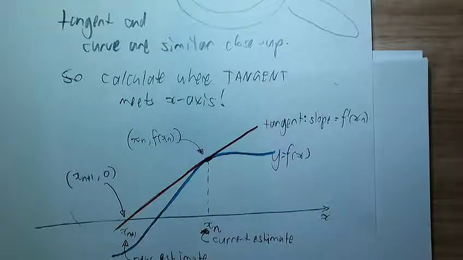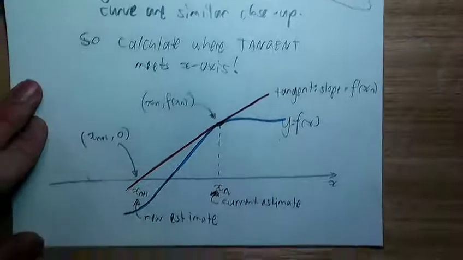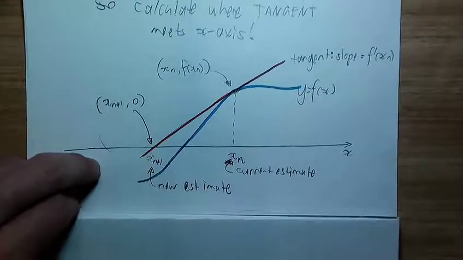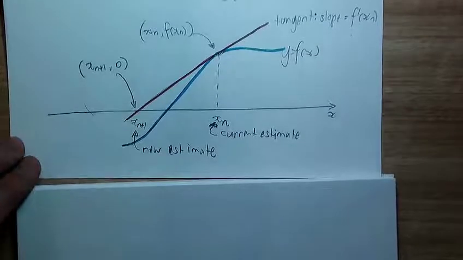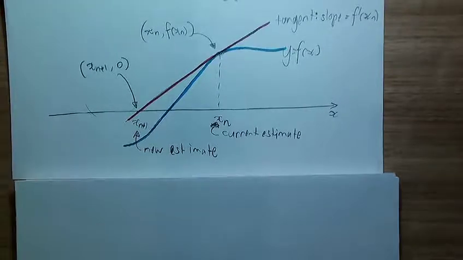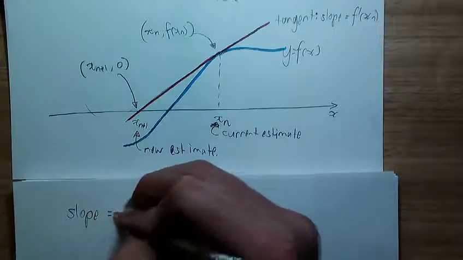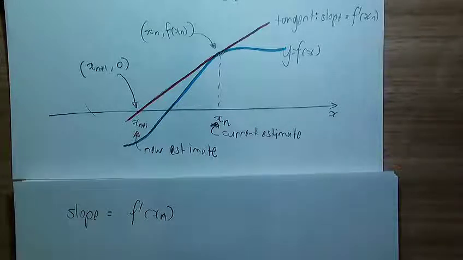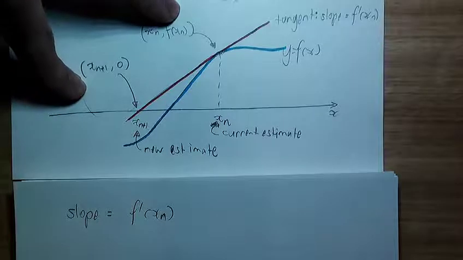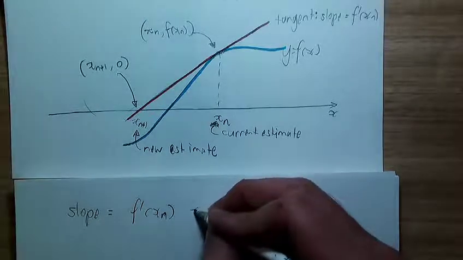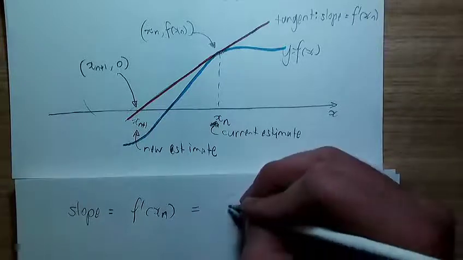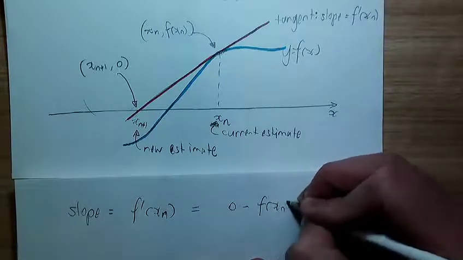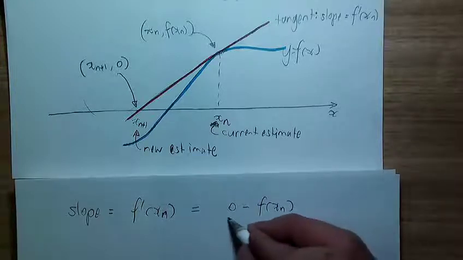This is all the information I need to derive Newton's method. It goes like this. The slope of that red line is f dashed xn. But it's also the slope between these 2 points, which is the change in y divided by the change in x.